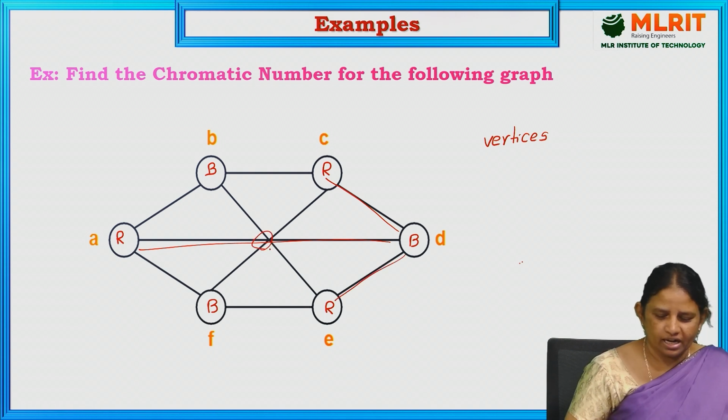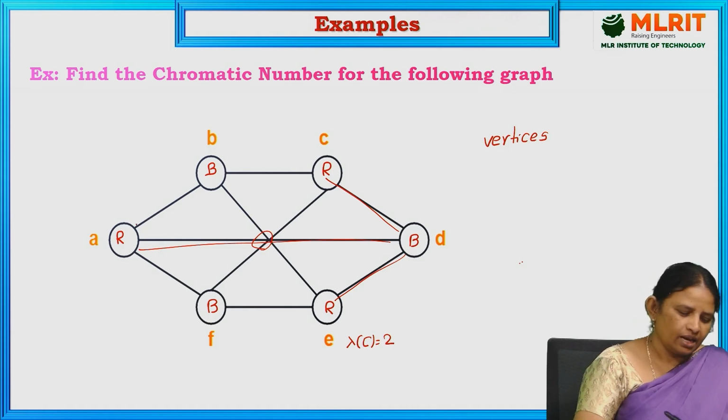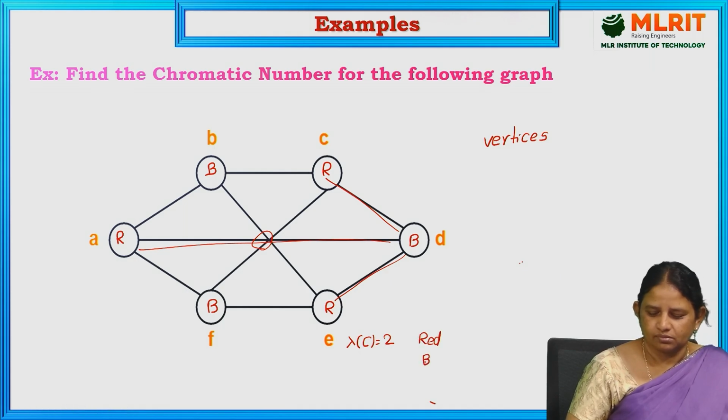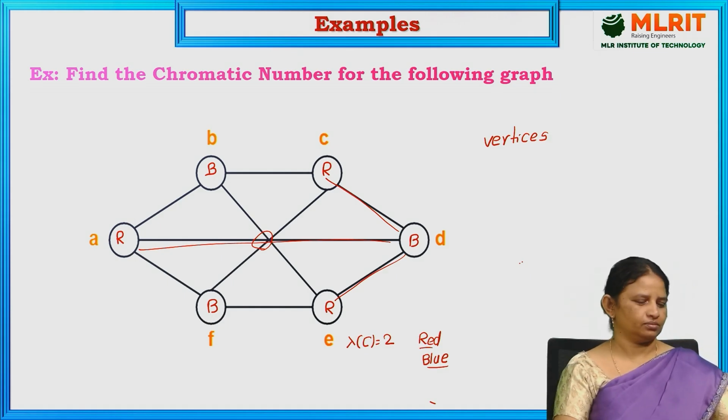So how many colors are required to color the graph? The chromatic number is 2. We can use only two colors to color the graph, that is red color and blue color. Red and blue only, the chromatic number is 2 for the given graph.